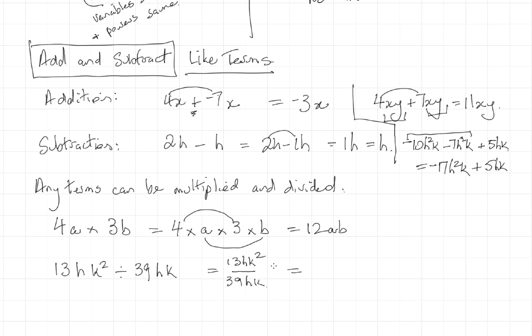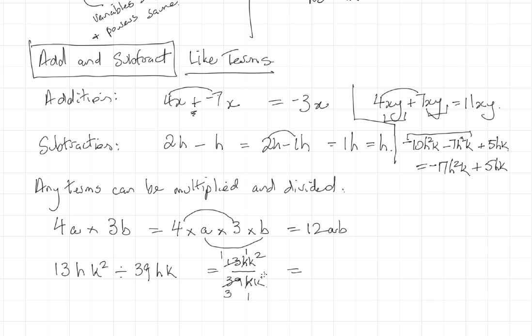Before we look at the h's and the k's, let's look at the numbers. 13, is there any number that goes into 13 and 39 evenly? Well, 13 goes into 13 once and 13 into 39 3 times. Now look at the h's. h goes into h once, h into h once. And we want to end up with positive powers. So this is k to the 1. So when we divide, we've got more positive powers of k on the top.